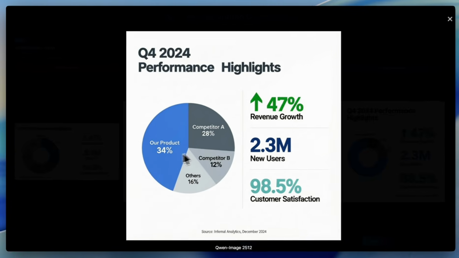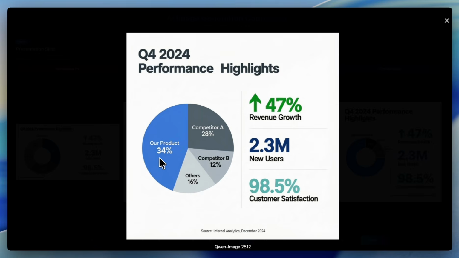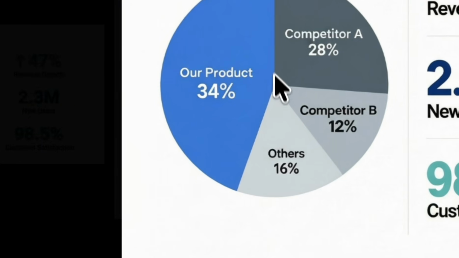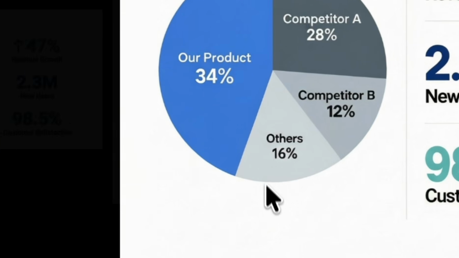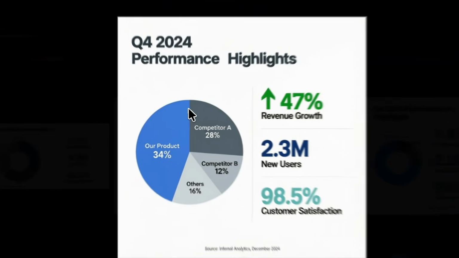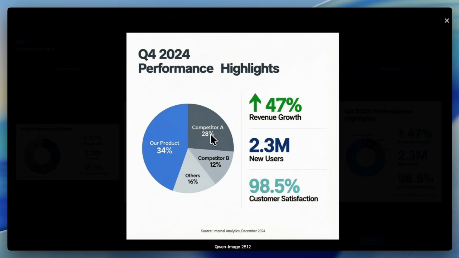That's an issue. And if you look at 34%, this doesn't really look like 34% to me. The others, 28% looks good, but then look how much bigger the 34% is. So, yeah, not the best generation.